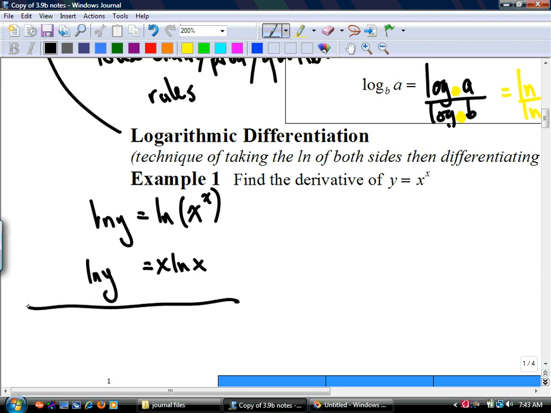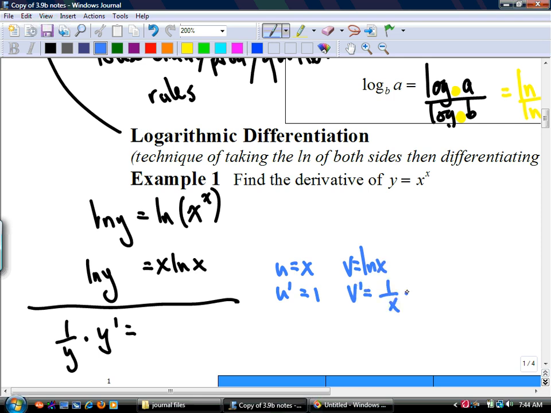So we take the derivative of each side and we get 1 over y times y prime equals. Product rule! Yeah, I read your lips. That's what you said. u equals x, u prime equals 1, v equals ln x, v prime equals 1 over x times the derivative of x.